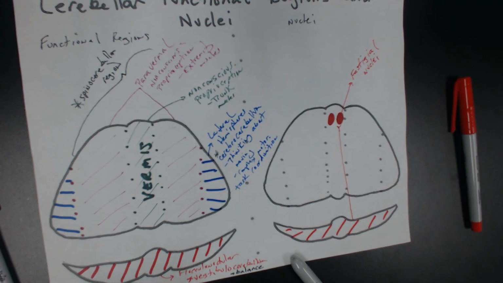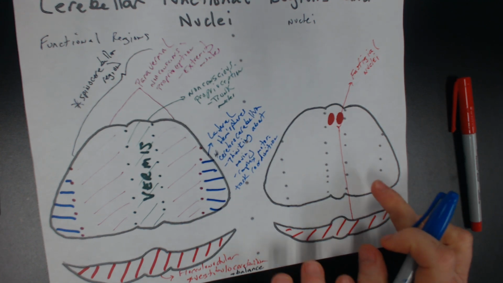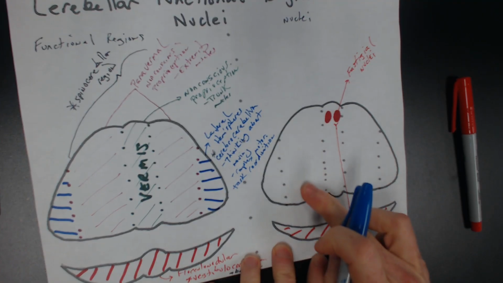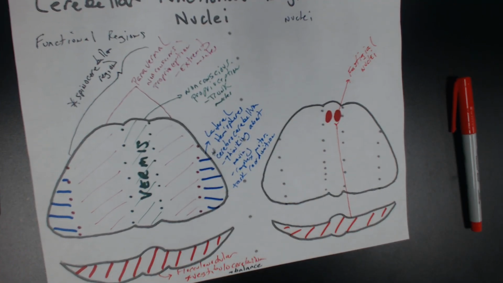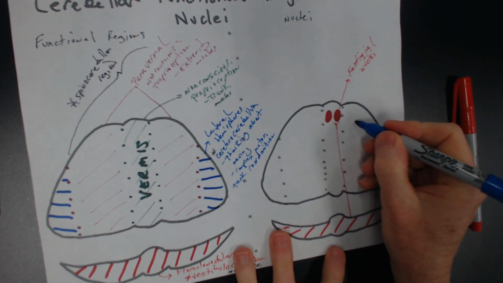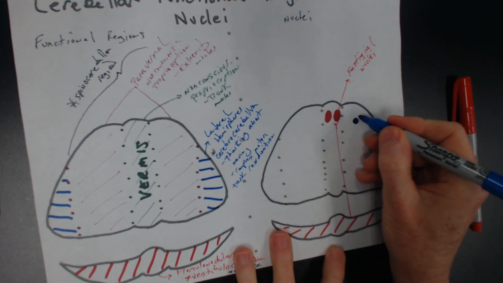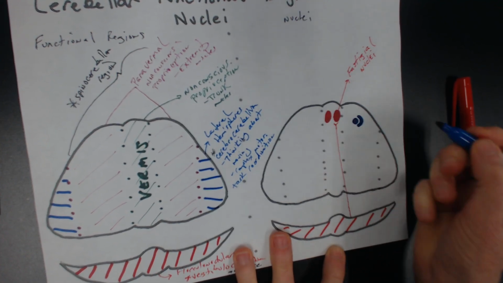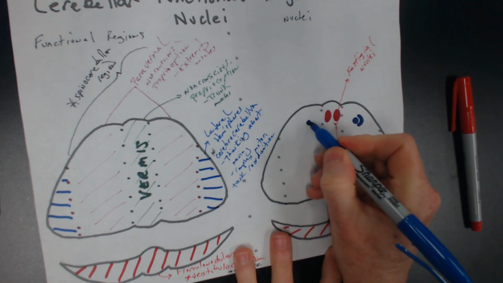Moving over, associated with this paravermal region there are nuclei. There are really two that go together, but we're going to call them jointly by one name.